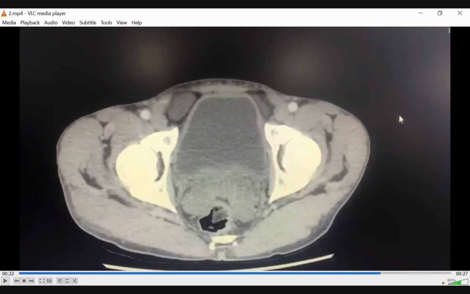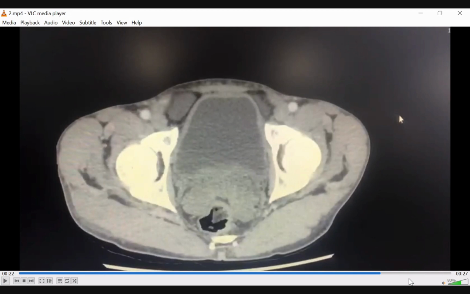Anything here, Priyanku? You can see the distended bladder, which has a slightly thickened wall. Say the bladder wall is thickened. What else?